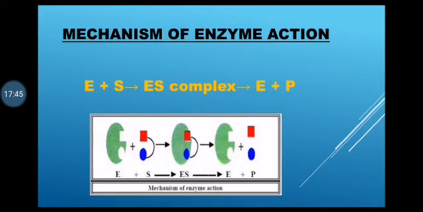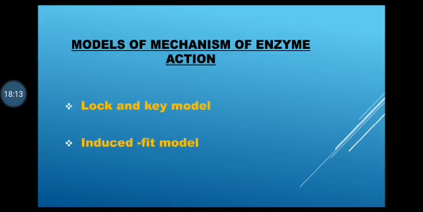Here you can see a diagram in which there is an enzyme and there are substrate molecules. The substrate molecules combine with the enzyme and a complex is formed that is called the enzyme substrate complex. These substrates then change into products and the enzyme is released. So this is the mechanism of enzyme action, how enzymes work.